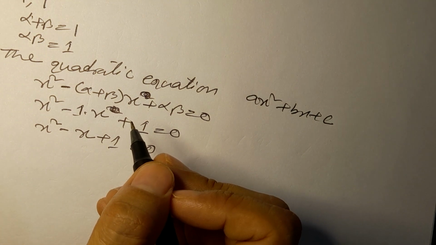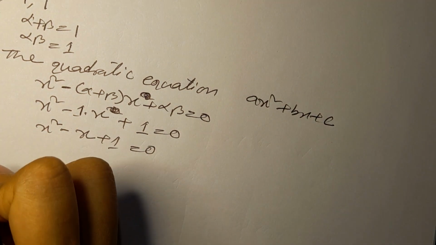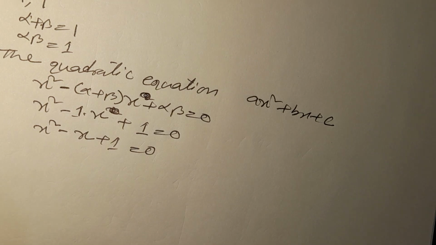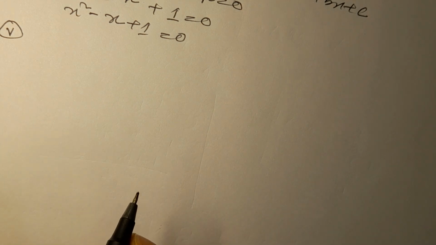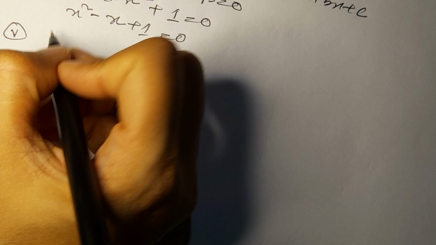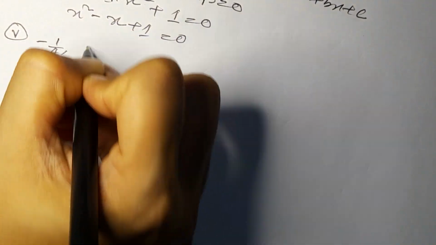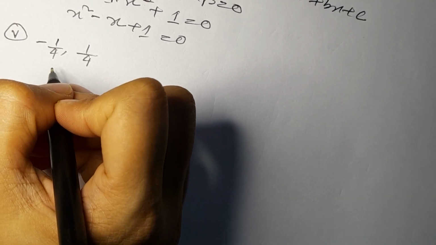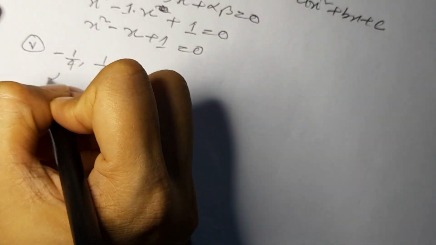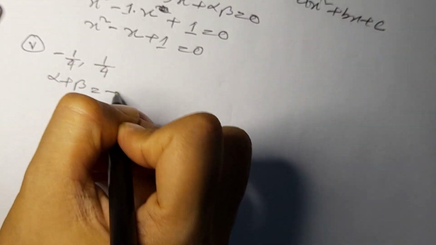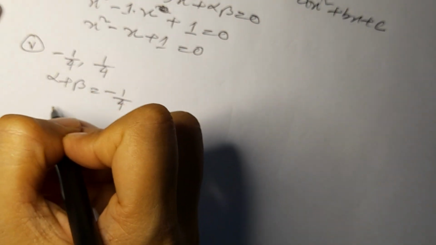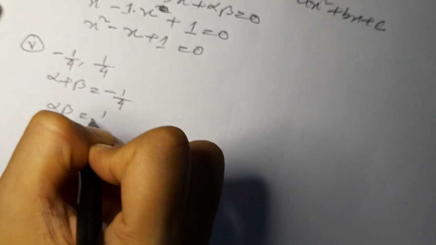Now Roman number 5. It is given -1/4 and 1/4. This is the sum of zeros and this is the product of zeros. The sum of zeros, alpha plus beta, is -1/4, and the product, alpha beta, is 1/4.